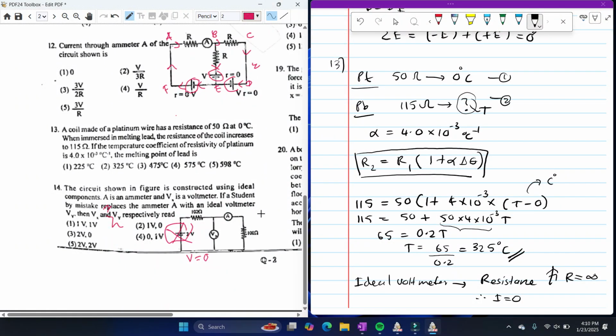But since 2 volts is here, no current passes through the system, thereby the readings are just 2 volts. So Vx will be 2 volts and Vy also will be 2 volts. Answer is 5, the same values as the EMF.